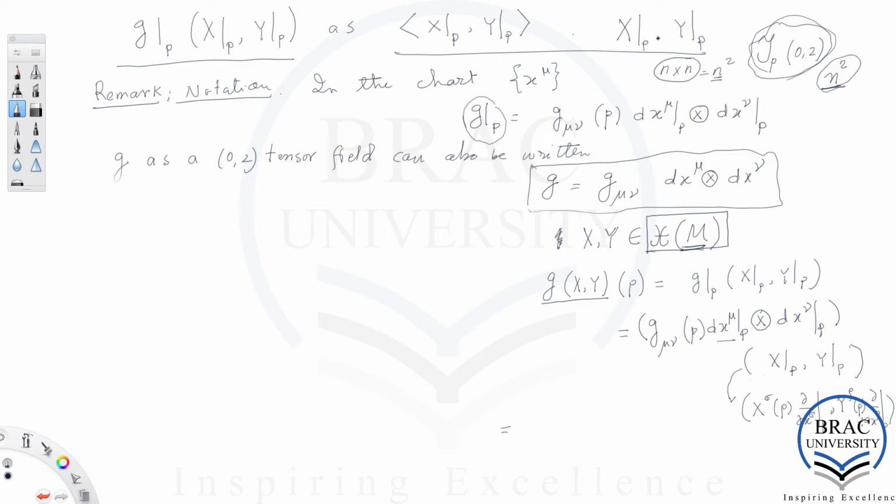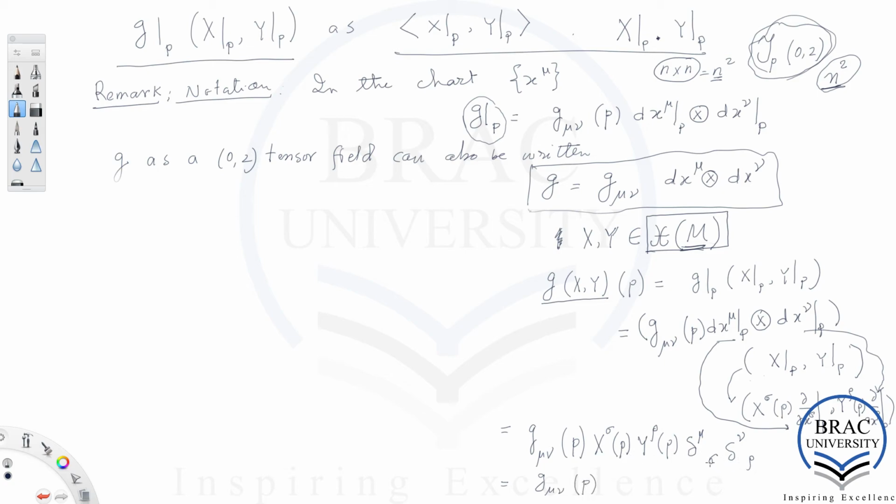Now the action of the covectors on the corresponding tangent vectors, the way we defined it in the third lecture, gives g mu nu at p, then x sigma at p, then y rho at p, and this action gives a Kronecker delta mu sigma and a Kronecker delta mu rho.